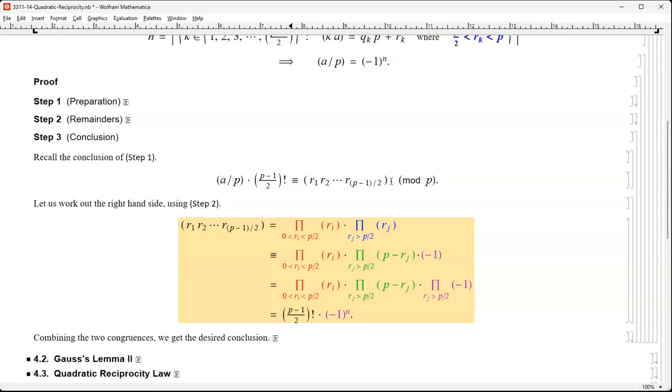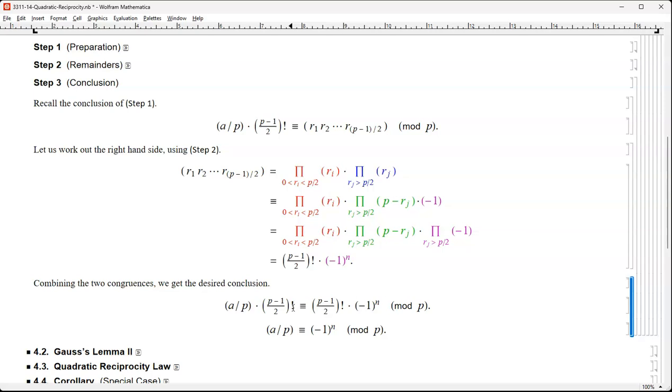The conclusion of step 1 was like this, but the right-hand side turned out to be a factorial times negative 1 to the nth power. So what do you get? This factorial here, which was from step 1, and this factorial here, which we got just now from this permuting, the change of order, and multiplication is commutative, and then negative 1 to the nth power, the number of sign changes, the number of negative 1s, in other words, the number of sufficiently large R_j's, blue R_j's.